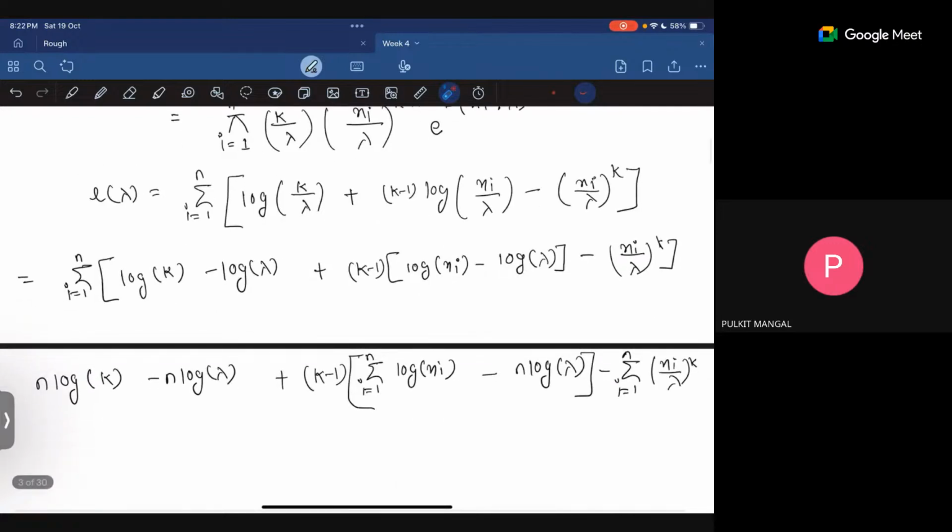Now we are simplifying it more, so it would become log of k minus log of lambda. This part here also splits into log of xi minus log of lambda, and this would remain as it is. Till now is it clear?